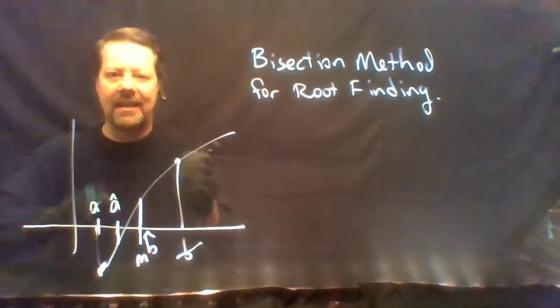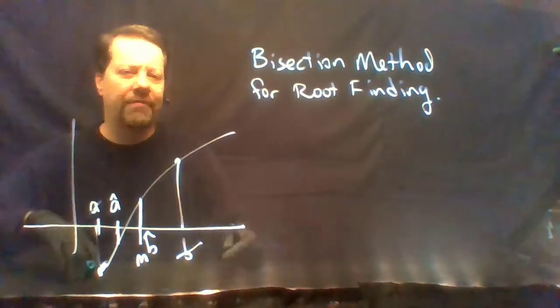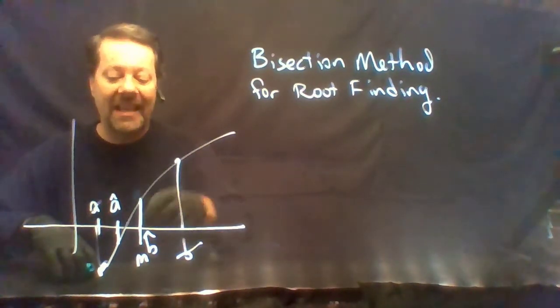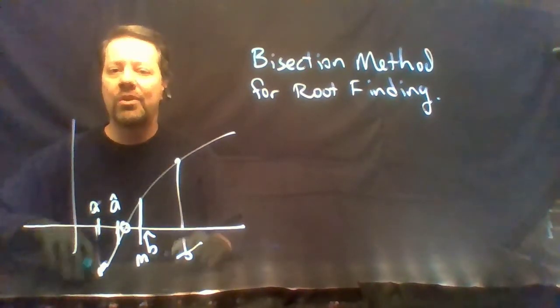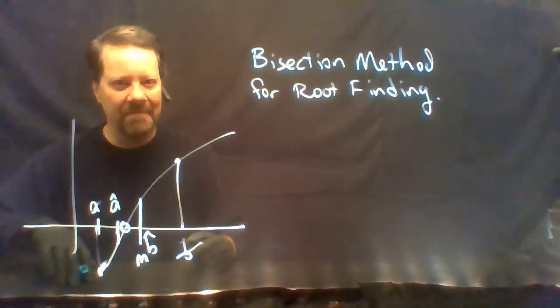you keep bisecting, narrowing down the location of that root to finer and smaller intervals until you obtain an approximation to where that curve crosses the x-axis to whatever degree of accuracy that you need for your particular application.